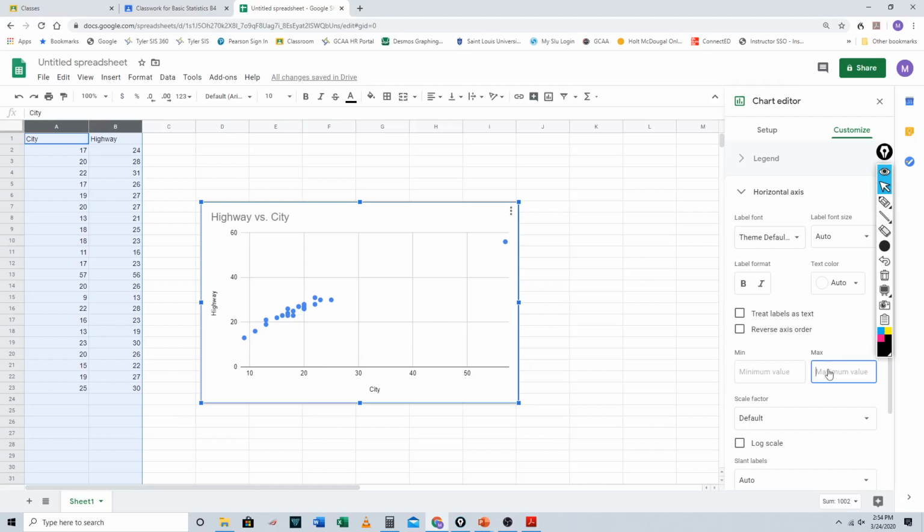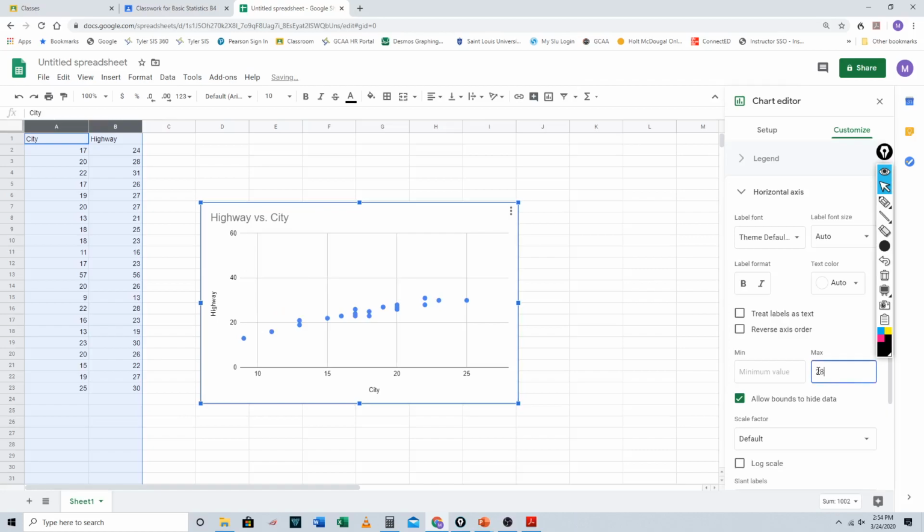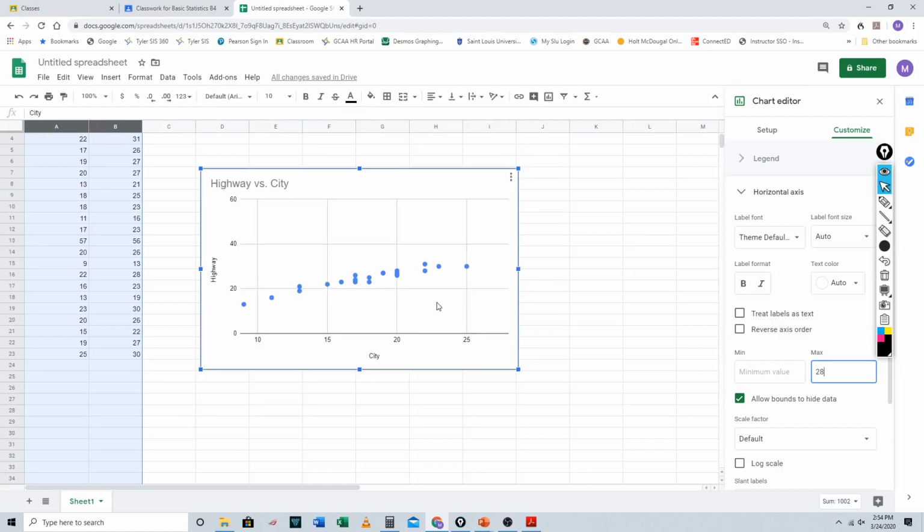Let's say 28, or maximize the value. There we go. And then, nope, I'm missing a value, which is 57. So I'm going to have to go to 60. There's that one right there.